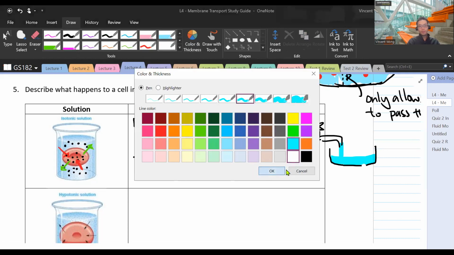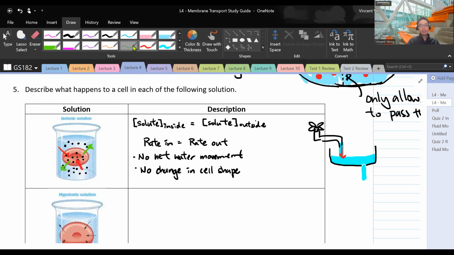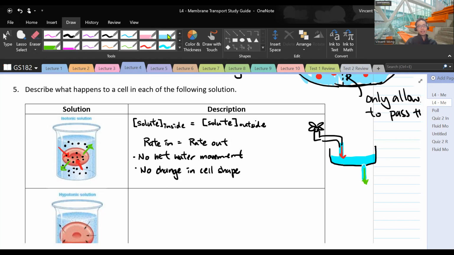And so the water is going to be leaving at the same time. So if the rate at which the water is entering the bucket is equal to the rate at which it is leaking out of the bucket, then the water level does not change, right? So same situation here. The cell is not getting bigger, is not getting smaller. There's no net change in the cell shape.